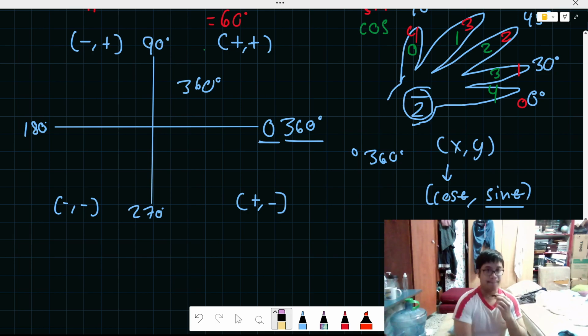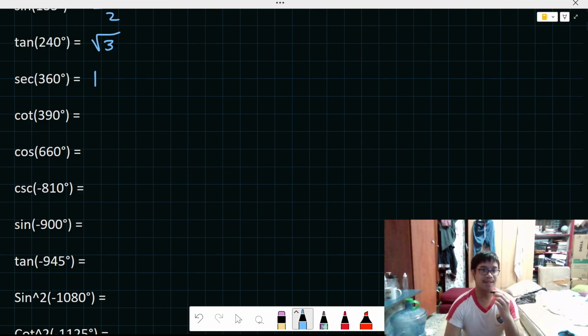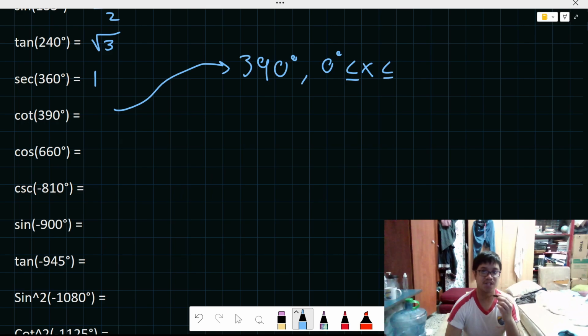So we can get the coterminal angle of 390 degrees within the interval of 0 degrees to 360 degrees. In other words, is there an angle that is equivalent to 390 degrees within this range?